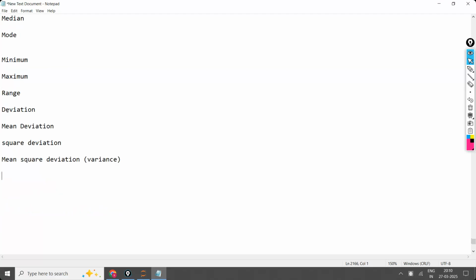Next, I discussed the root mean square deviation: what is the problem with that and how it was rectified by adding the root. Root mean square deviation is also called standard deviation.